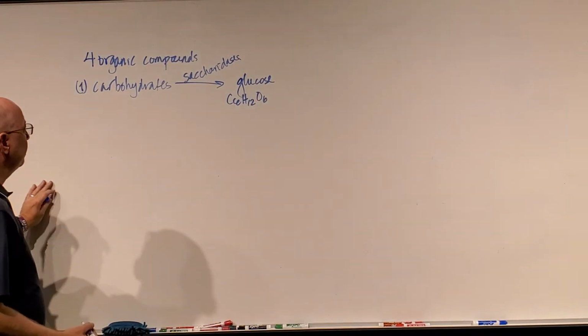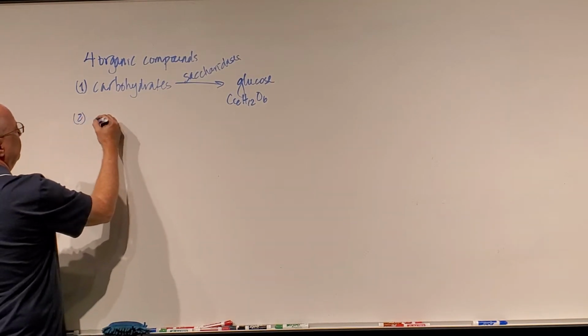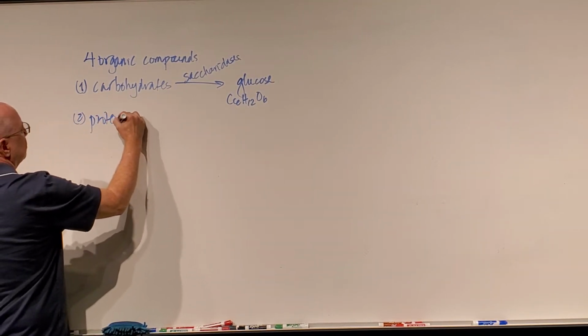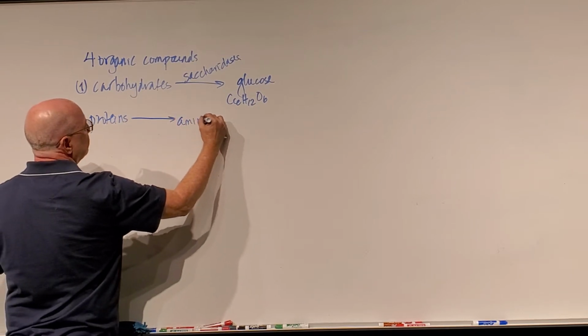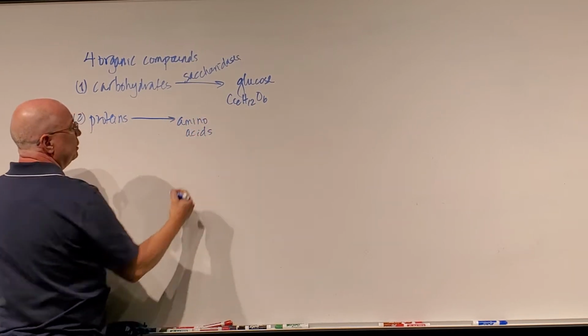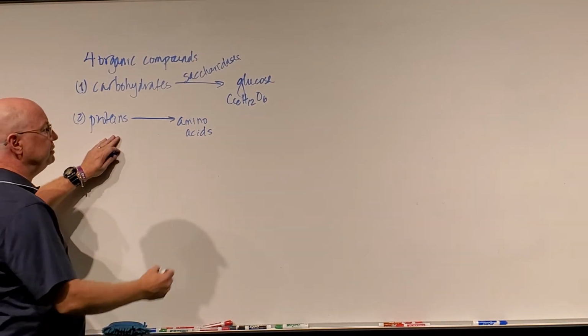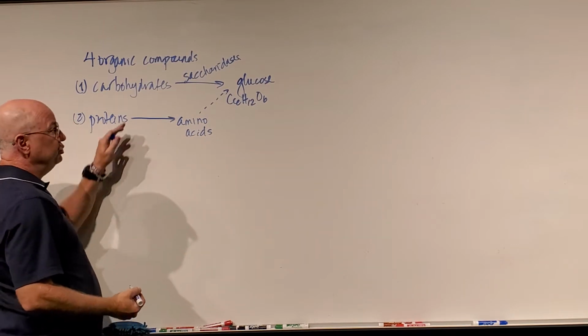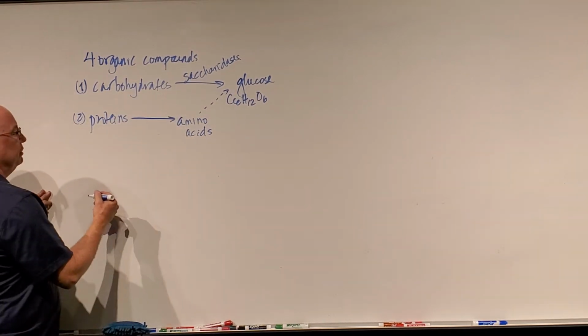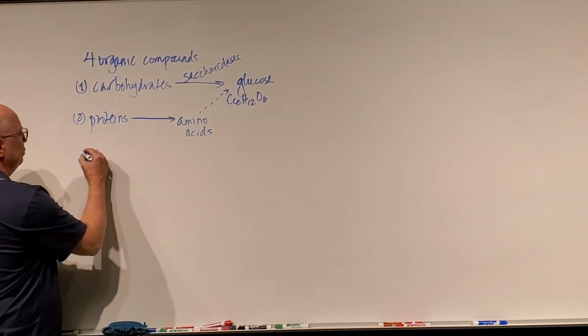Another one would be proteins. And we can digest this into amino acids. And what I really want to do is use amino acids to synthesize proteins in my cell. But when I'm out of sugar, I can convert proteins, or amino acids, into glucose.